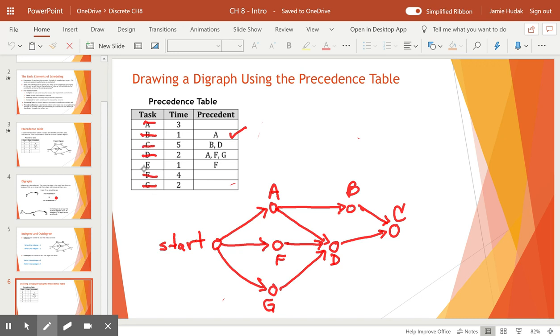And lastly, vertex E comes from F. And I should be putting the numbers next to each of these tasks. This will benefit us later when we're scheduling.